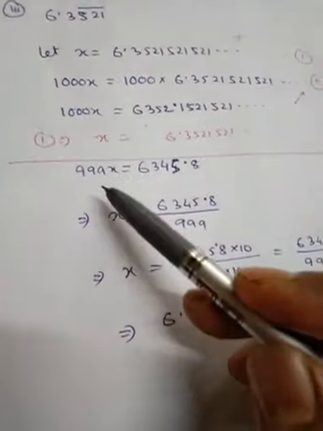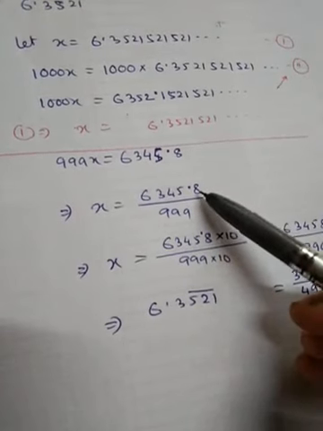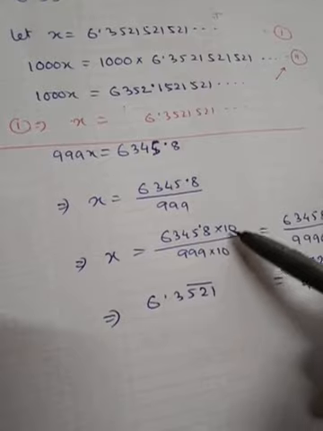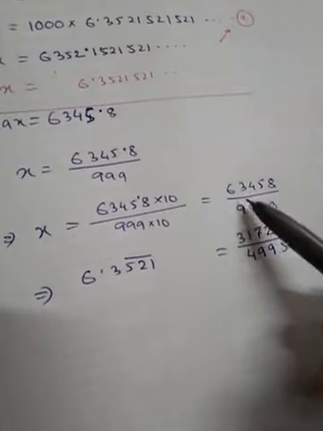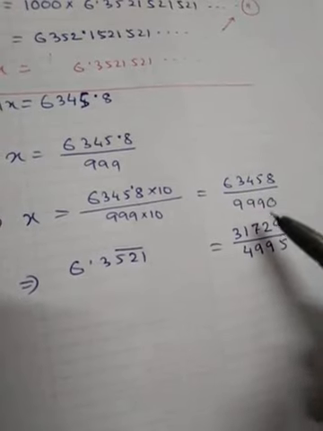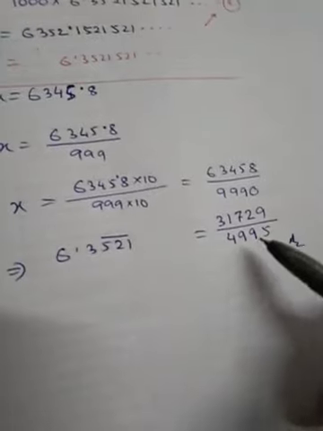Next step: 999, shift to the right hand side. As we have one digit after the decimal, we multiply both numerator and denominator by 10, so then the decimal will go, this will be left, we can cancel this by 2, and then the final answer is this.